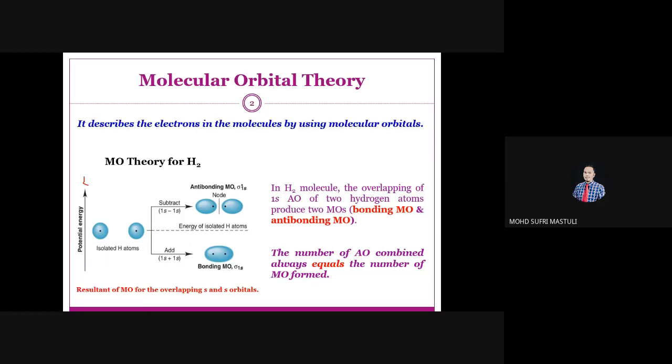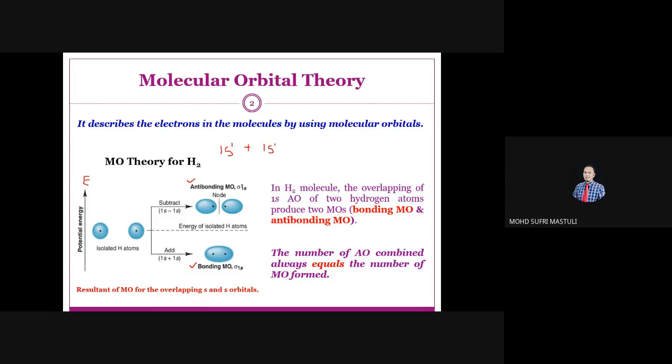This is energy, and then we have the atomic orbitals. Because this is hydrogen, it should be 1s plus 1s. So this s orbital overlaps with the s orbital to form two molecular orbitals, first the bonding molecular orbital and then the anti-bonding molecular orbital.